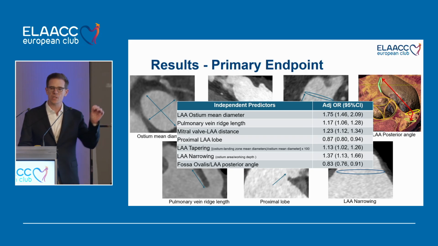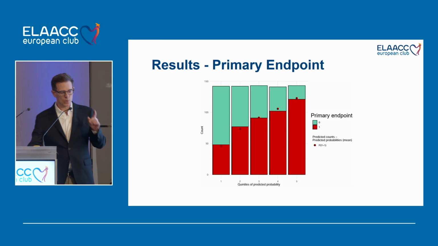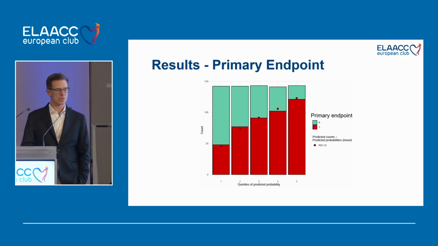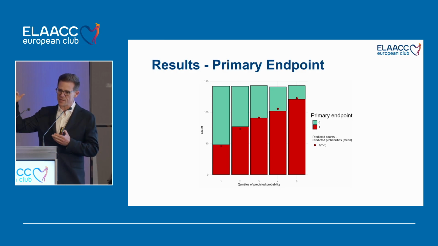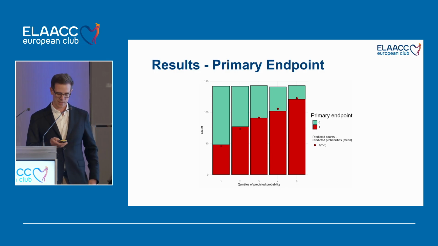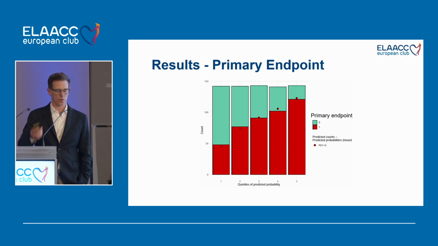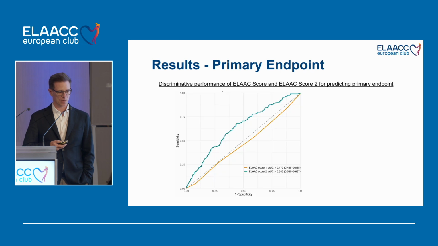So if we use this model now, you see the frequency of the primary endpoint according to the quintiles of the predicted probability, and you see that here we have now a pattern that we wish to observe, namely it is increasing the higher the score gets based on the continuous variables.